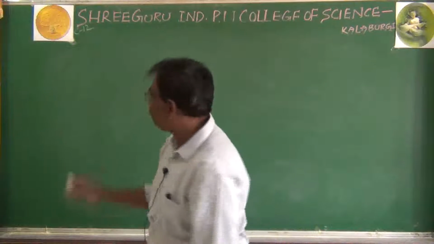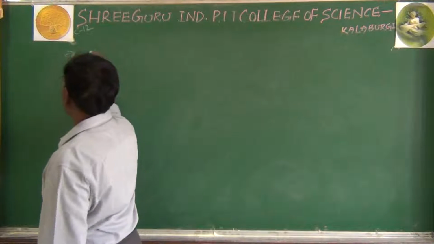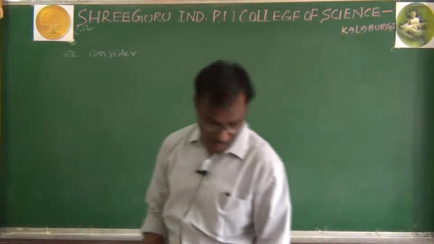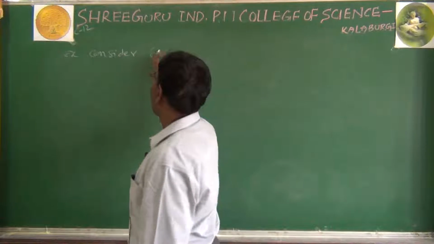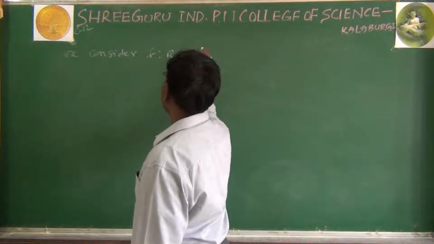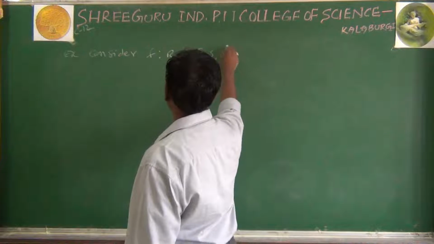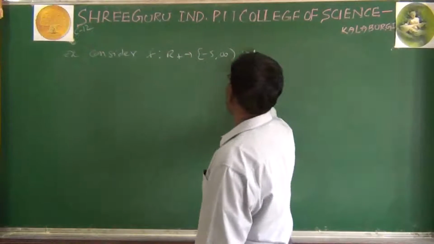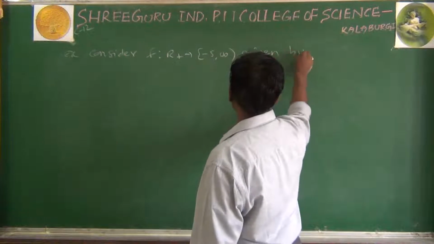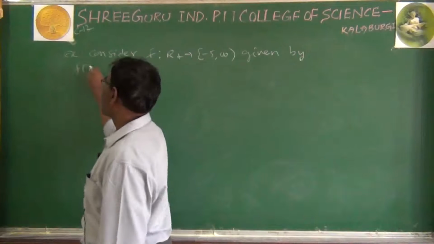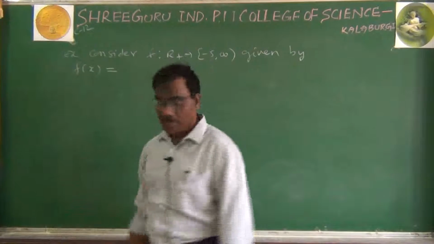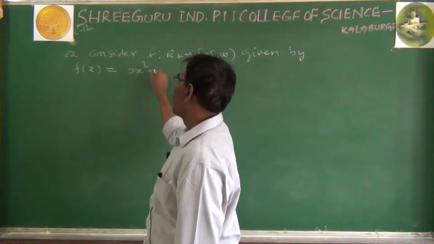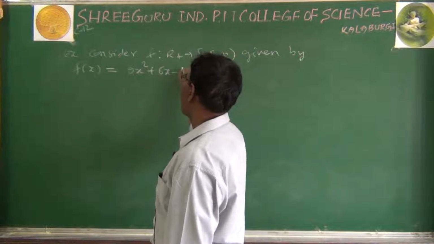Consider the next problem. Consider f from R plus tends to minus 5 comma infinity, given by f of x equal to 9x square plus 6x minus 5.